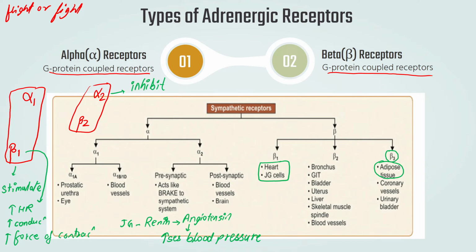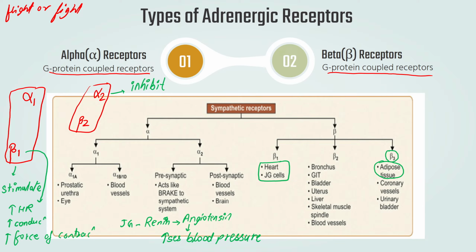So beta 1 is present in the heart and JG cells, and stimulation will cause all of these actions. Alpha 1, beta 1, remember these together, then alpha 2 and beta 2. Alpha 1, beta 1 stimulate, alpha 2 and beta 2 will inhibit.